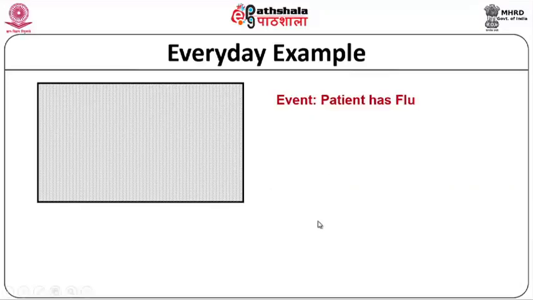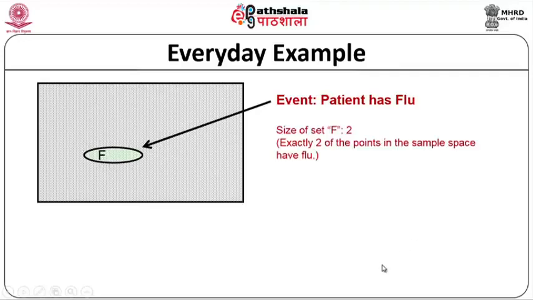Now, there is an event: assume a patient has flu, and this event is represented using the set F. We are trying to identify how many patients have flu. Assume the number is 2, that is exactly 2 from your sample set are patients who also have flu.